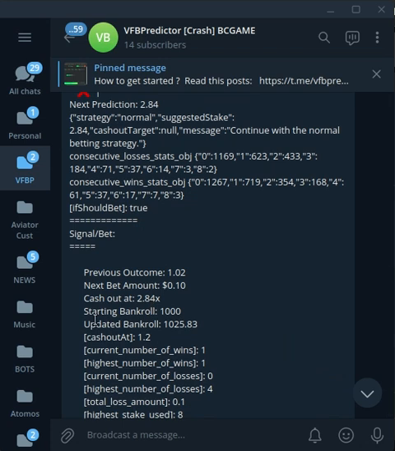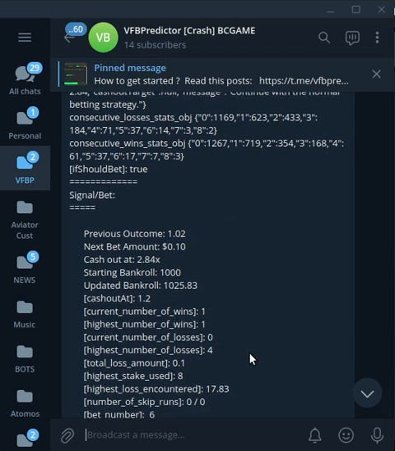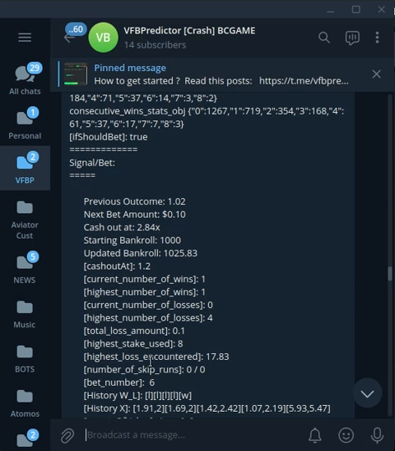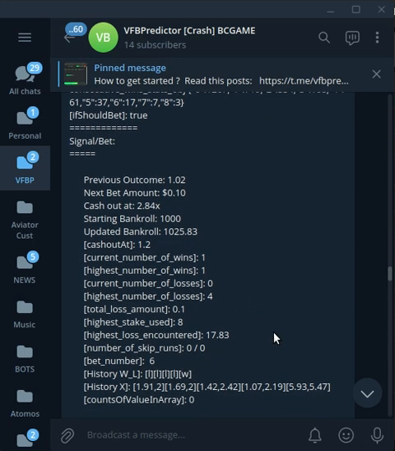As you can see, the bankroll is updated, the profit of 25.83 already, minus the next bet amount, which is the base stake. Like I had said, after a win, the stake goes back to the initial stake, right? So as you can see here, the statistics have been updated.